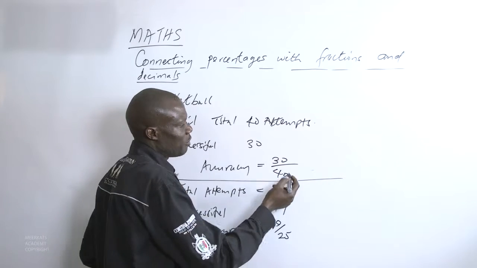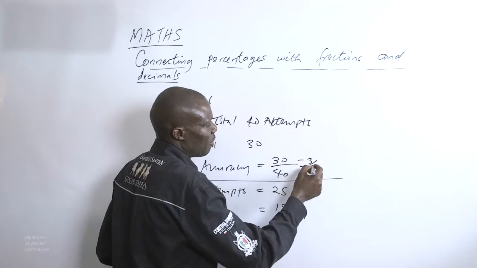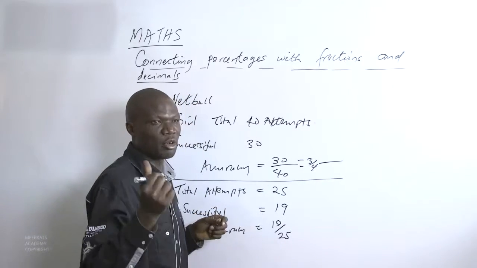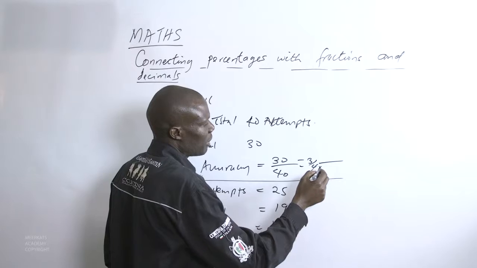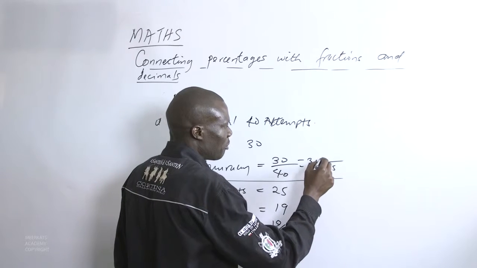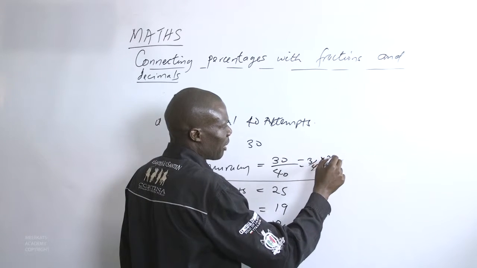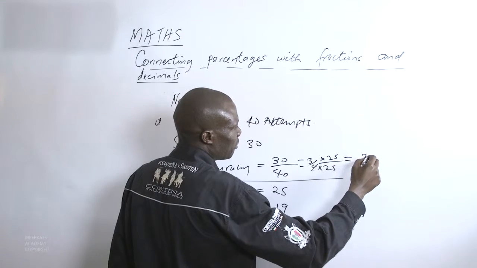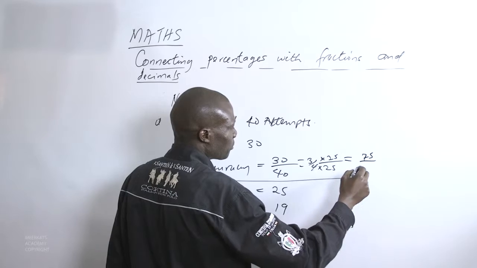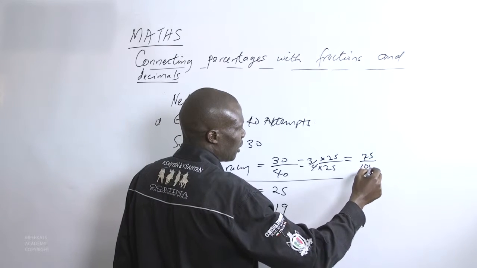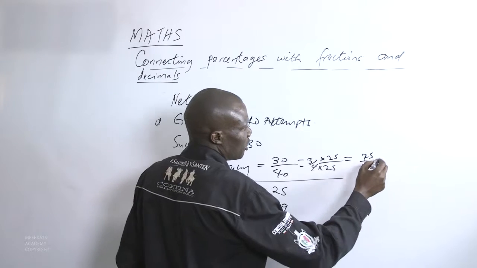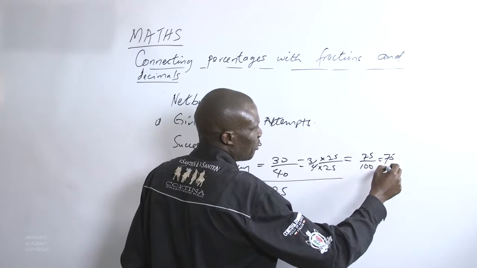When you simplify this fraction, it is 3 over 4. Then we want an equivalent fraction of 3 over 4 with the denominator 100. So multiply the denominator by 25 and the numerator by 25. You'll get 75 over 100, which is the same as 75%.